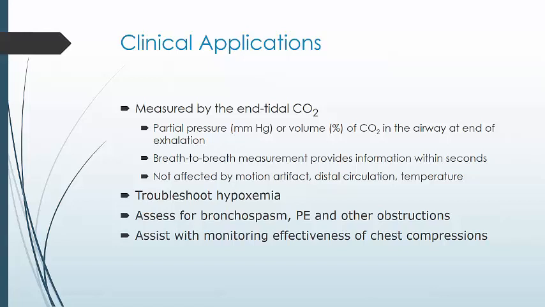Another thing would be hypoperfusion, so shock. If blood doesn't get back to the lungs to exchange gas, then the CO2 coming out will be diminished. Then hypothermia: CO2 is a normal byproduct of metabolism, and in a hypothermic state your metabolism slows down, so there's less CO2 to be blown off.